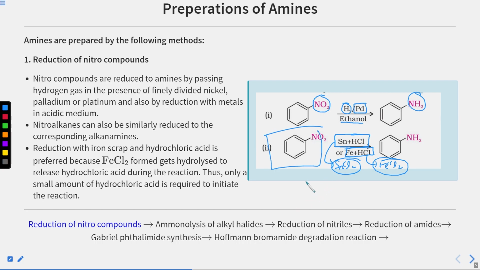This only requires a very small amount of hydrochloric acid to initiate the reaction. It is just a kind of initiator. You don't need a large amount of HCl, you need a catalytic amount of HCl to convert this nitro group into an amine, or more appropriately, an aromatic amine.